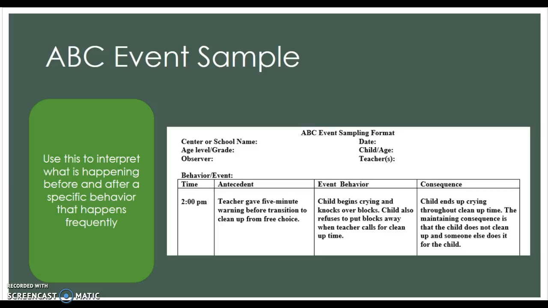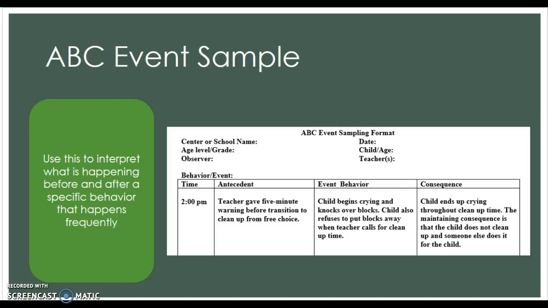Okay, so let's start with an ABC event sample. I've included a snapshot of a partially completed ABC event sample. You'll notice I didn't fill out the top parts with the age level, the child age, the date, and all that, but you will fill that in when you turn this in.